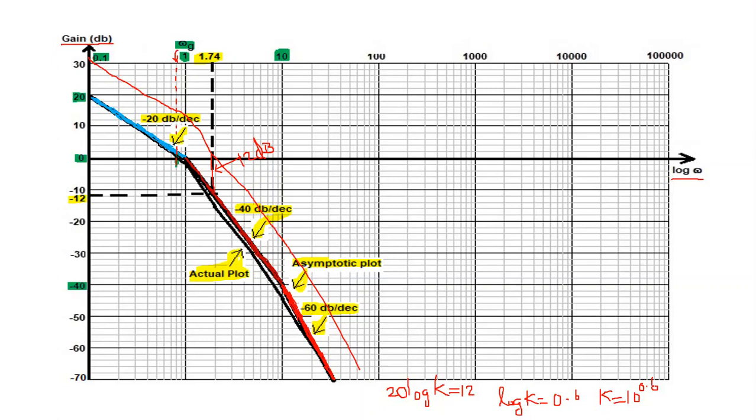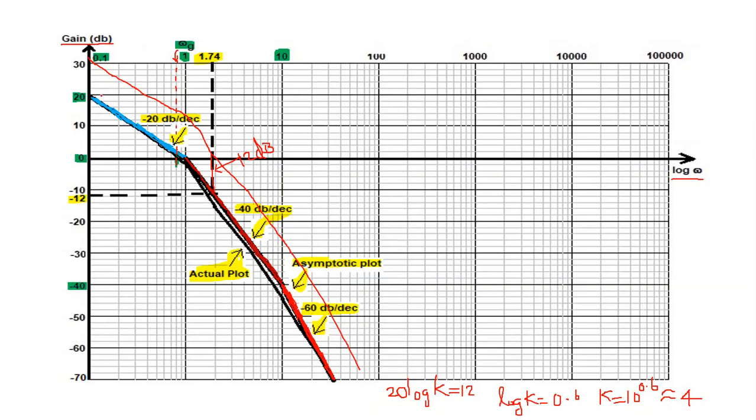I think 10 to the power of 0.6 is more than root 10. Root 10 is 3 point something. So it will be approximately, I would say, 4. We can calculate the exact value with the help of a calculator.